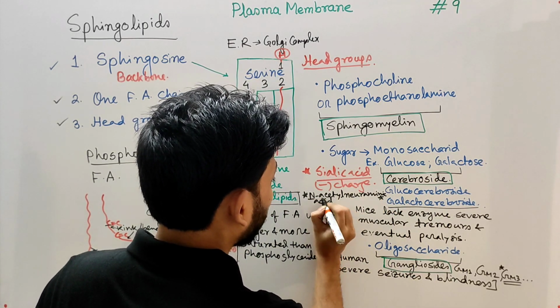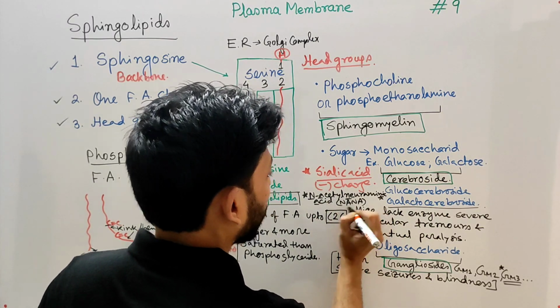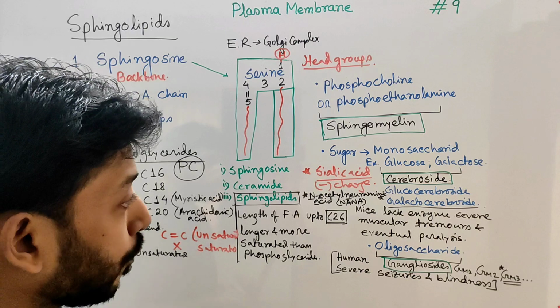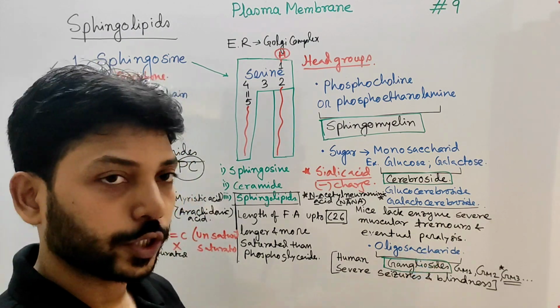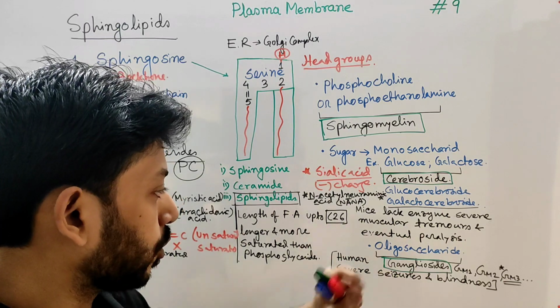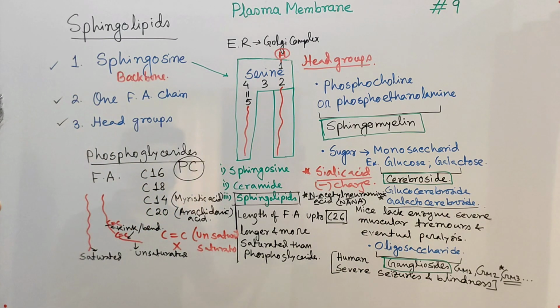In short, we can say N-acetyl neuraminic acid. It is the most common sialic acid present in humans as a sugar in the oligosaccharides. Okay, now another piece of information I want to share.